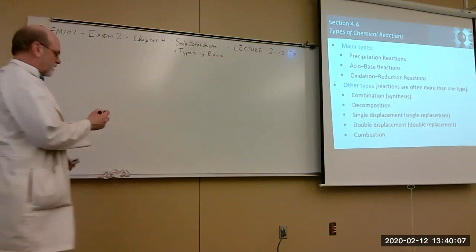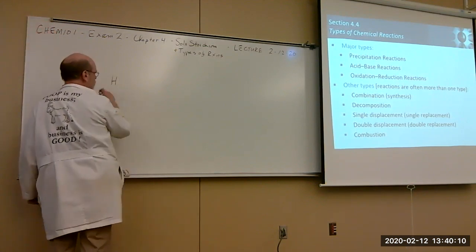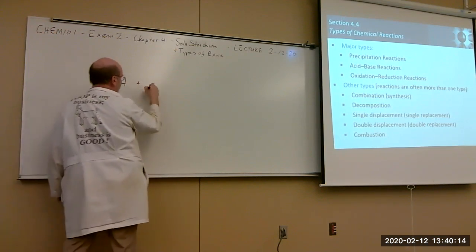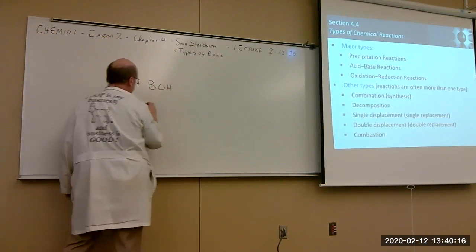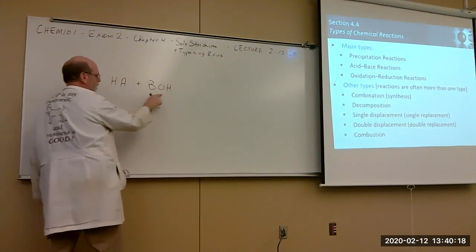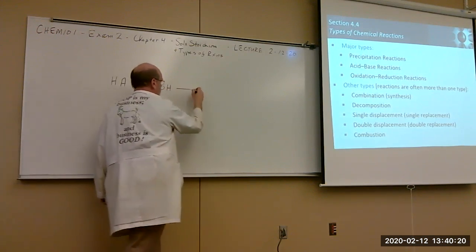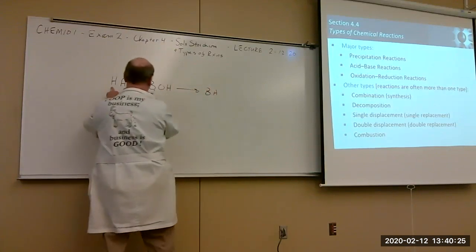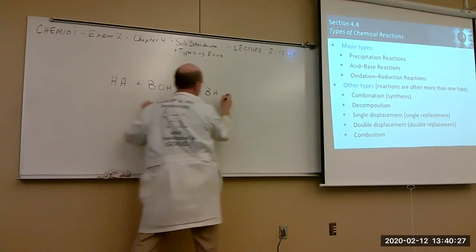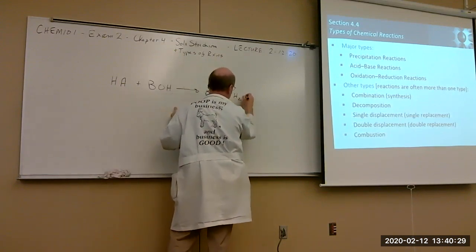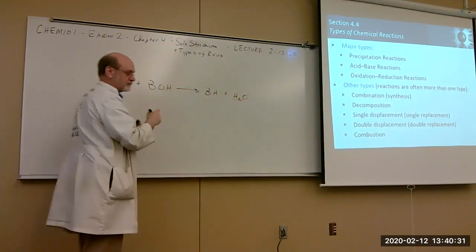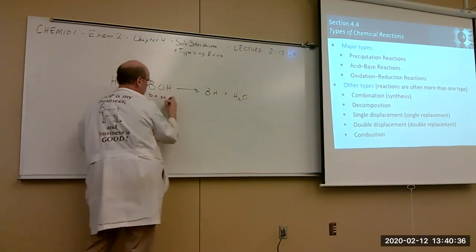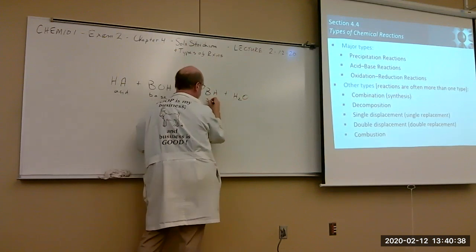Acid-base reactions. Acid bases are where you have some acid here, a generic acid, and then you react it with a base. So the acid will have a proton here and the base a hydroxyl here. You'll combine these two together, and these two then combine to H2O. So this will be your acid, this is your base. This is by definition a salt.